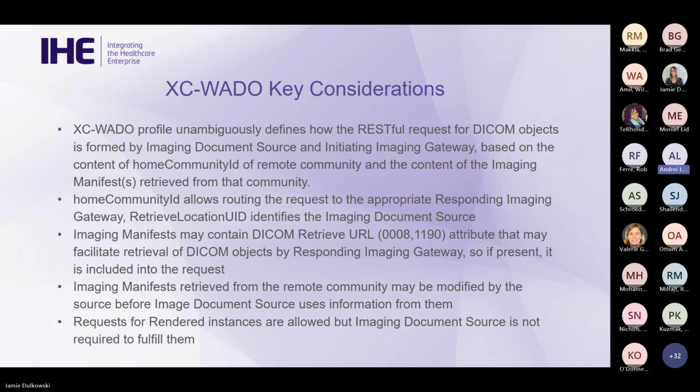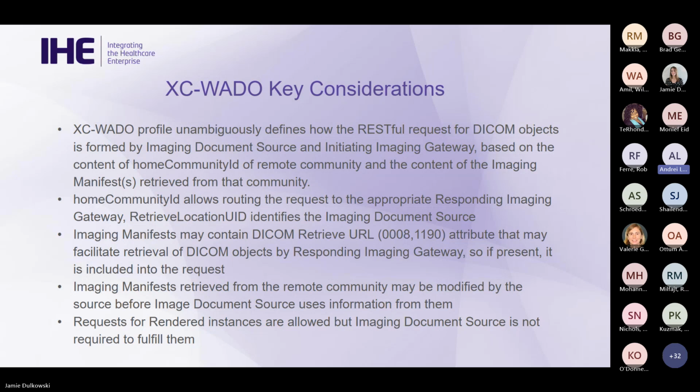It also can include the DICOM retrieval URL that could be contained in imaging manifests to facilitate a retrieval of DICOM objects by a responding imaging gateway. So if present, it is included in the request. Imaging manifests are retrieved from the remote community, may be modified by the source before imaging document source uses information from them.